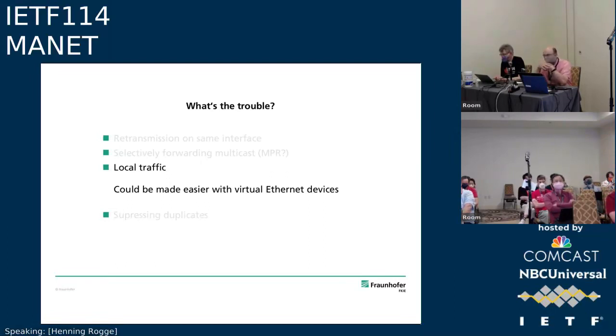But we could change this today. There's something called virtual Ethernet devices. It's just like a pair of interfaces. You put all local traffic into one end, and it comes out of a real interface. So you move the problem from local traffic to interface. Hey, that's easy. Done.